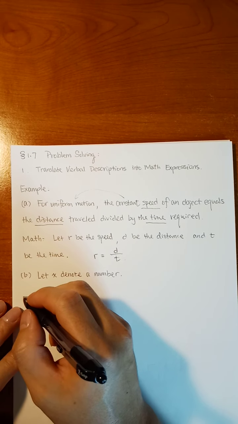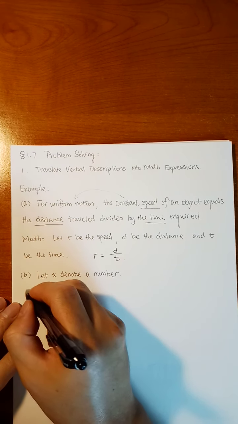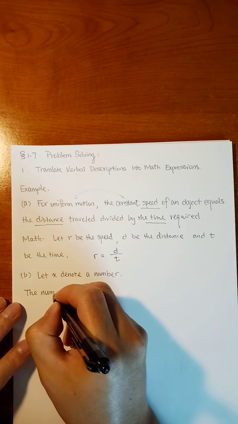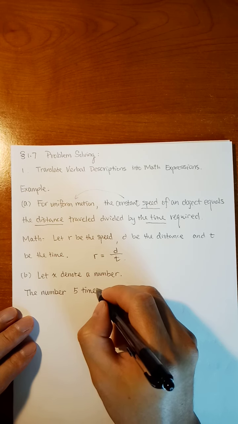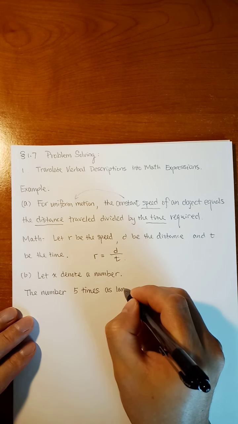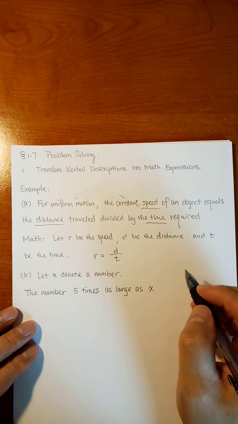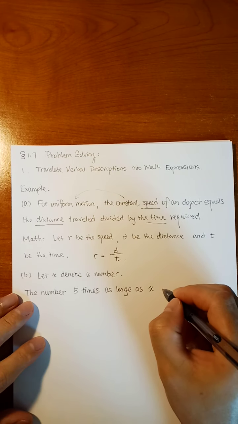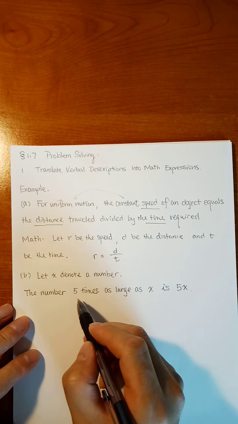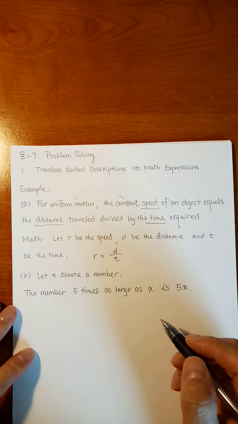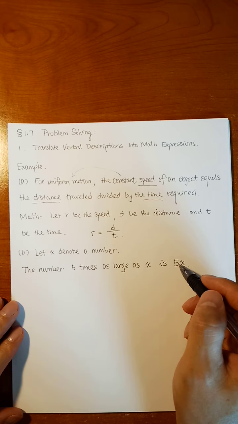And then the number 5 times as large as x is 5x. That's the verbal description. What does it mean? 5 times as large as x. It's like you learn a language. You have to understand that this language means 5 times x.